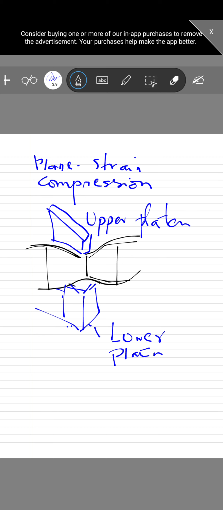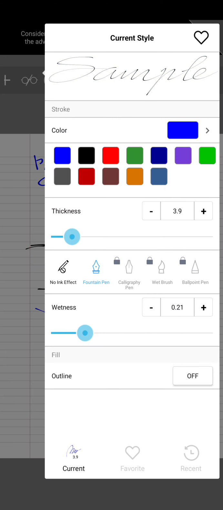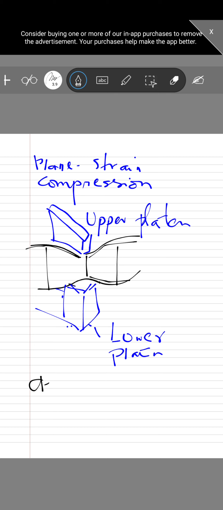So there is a deformation in the direction of the platen motion and in the direction normal to the length of the platens. So there is deformation in two perpendicular regions. Deformation takes place in this region, and also in this region.